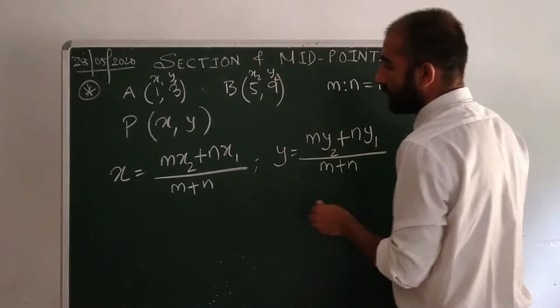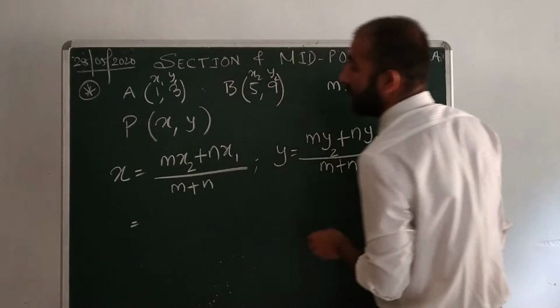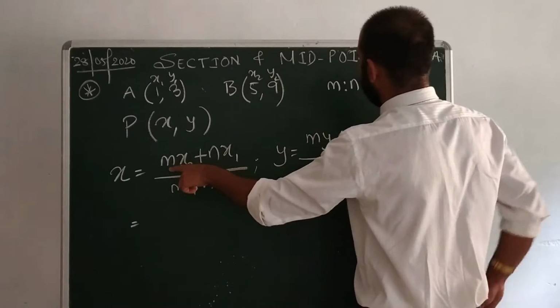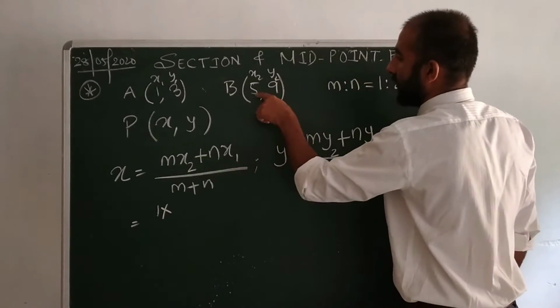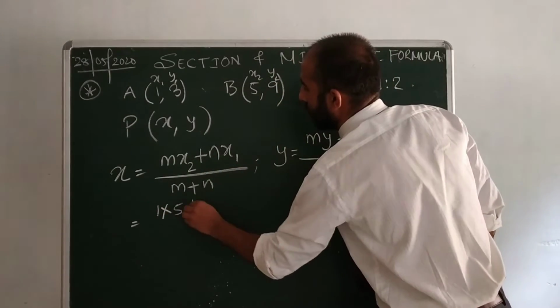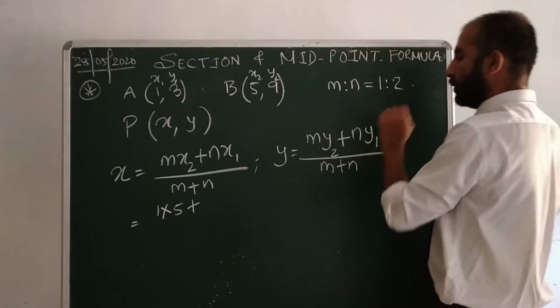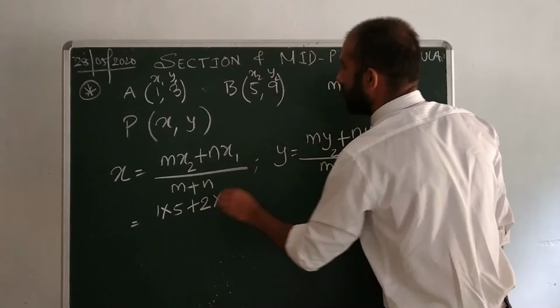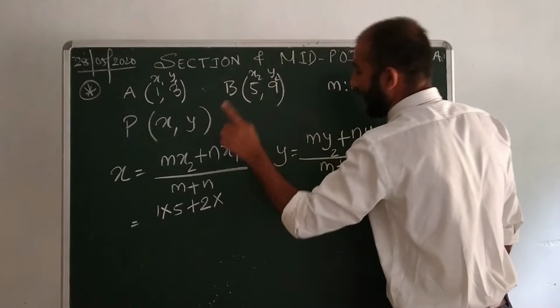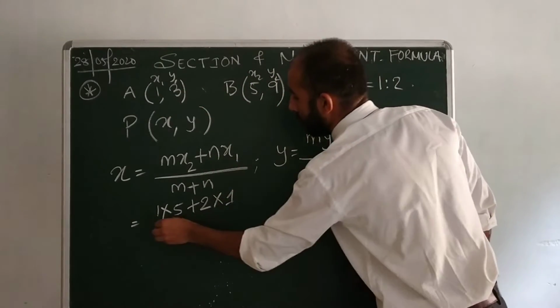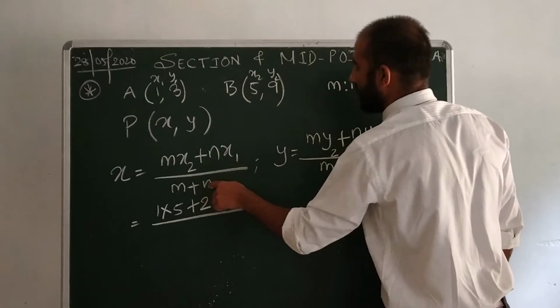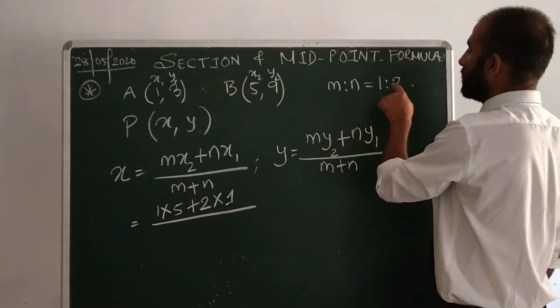Here m is 1, x2 is 5, n is 2, x1 is 1, divided by 1 plus 2.